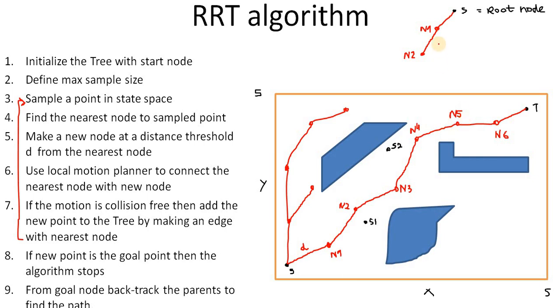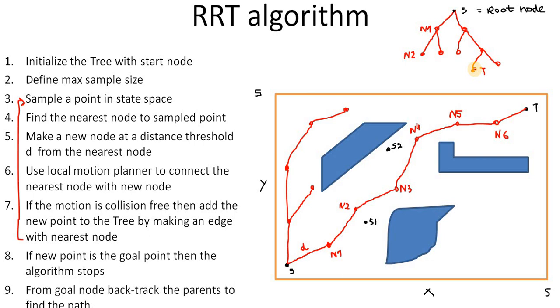So yeah, the tree will be like, for example, let's try to make the tree here. Okay, there is one node here, then there is one node here, and let's say here we reached our target node or goal node, and these are the other nodes. Okay, so now we are at the target node and we want to reach our starting node.